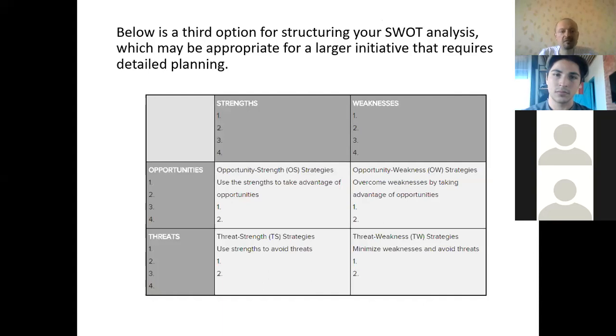But what is the most important thing in SWOT analysis? Here you can see the matrix of SWOT analysis, and you do not only have to fill the boxes: strengths, weaknesses, opportunities, and threats. You have to understand how the strengths of your company could help you to win your opportunities and to avoid your threats.